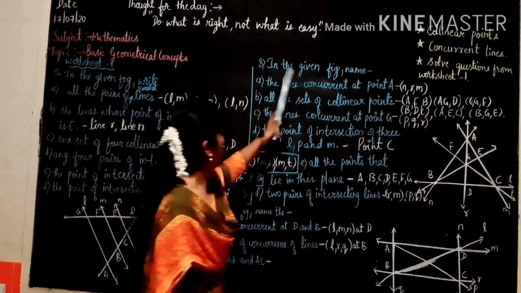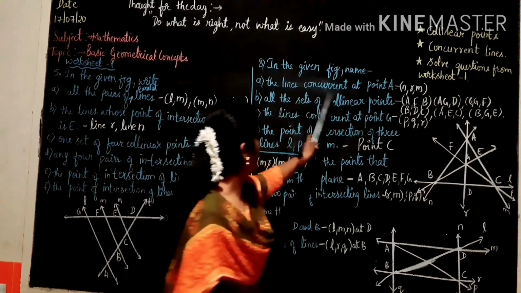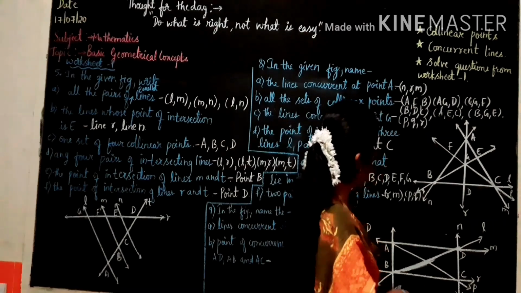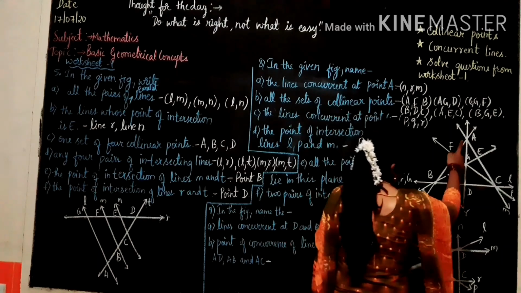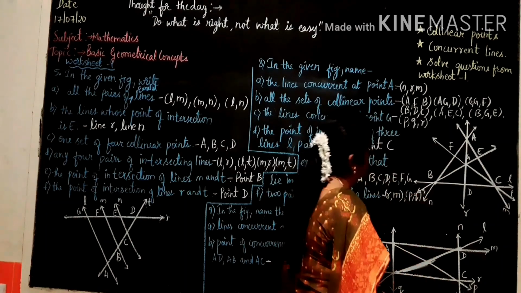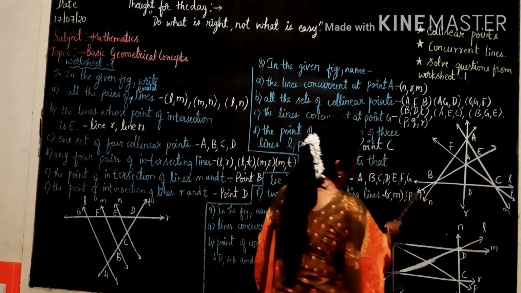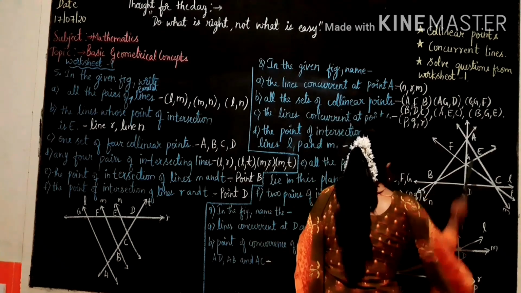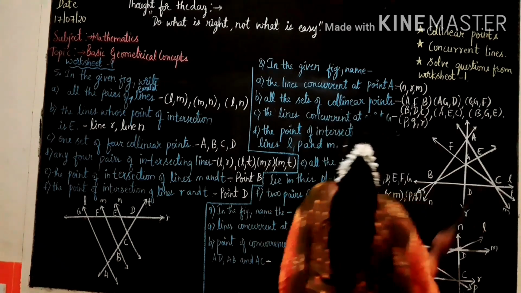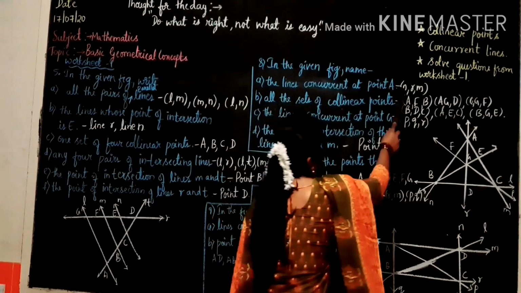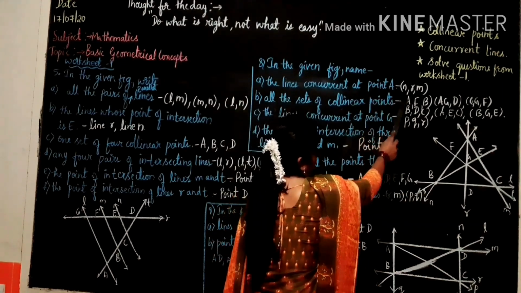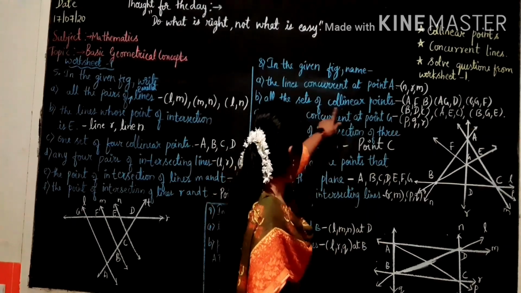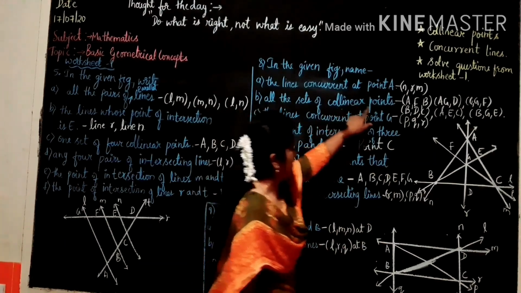Then in the given figure, name the lines concurrent at point A. Here you are given the figure and which are the lines concurrent at point A. Here you can see line N, line R and line M are concurrent at point A. So the answer is N, R and M. All the sets of collinear points.